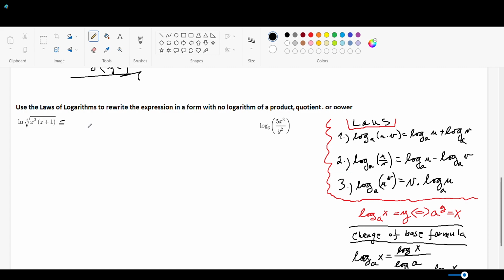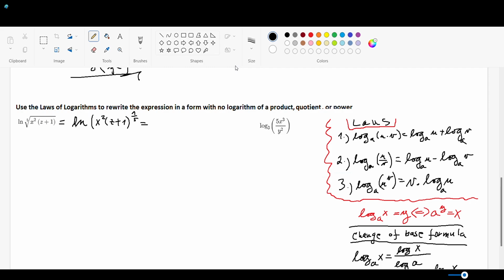So this one, first of all, we want to get rid of the fifth root, so it can be written as ln, which means the natural logarithm, of the expression x squared times z plus 1, the whole expression to the power of 1 over 5.